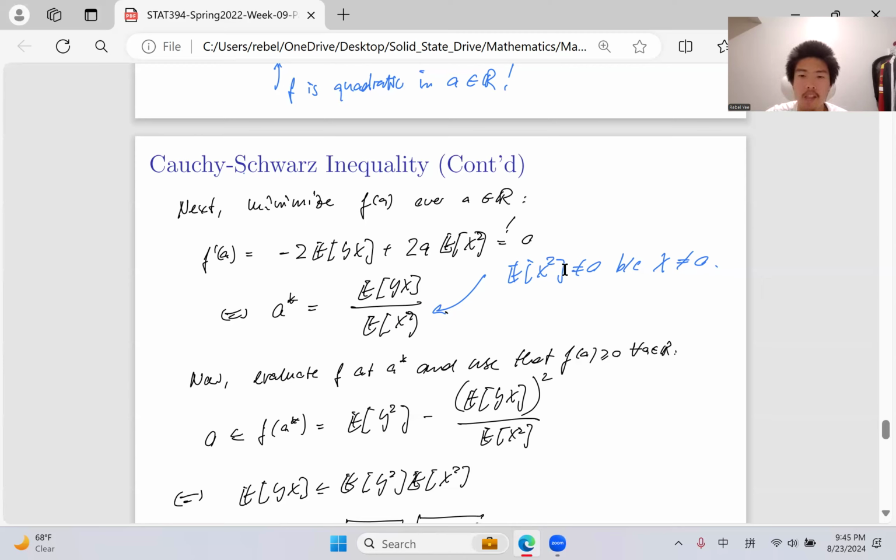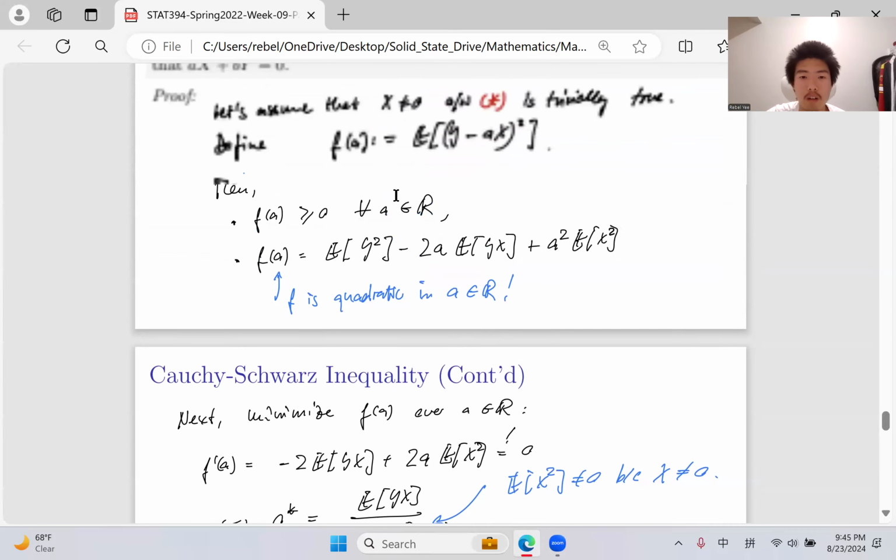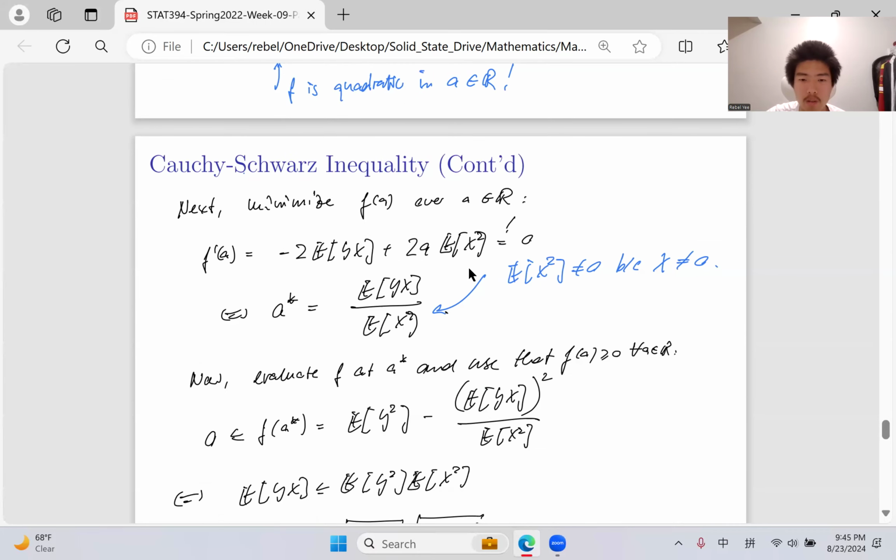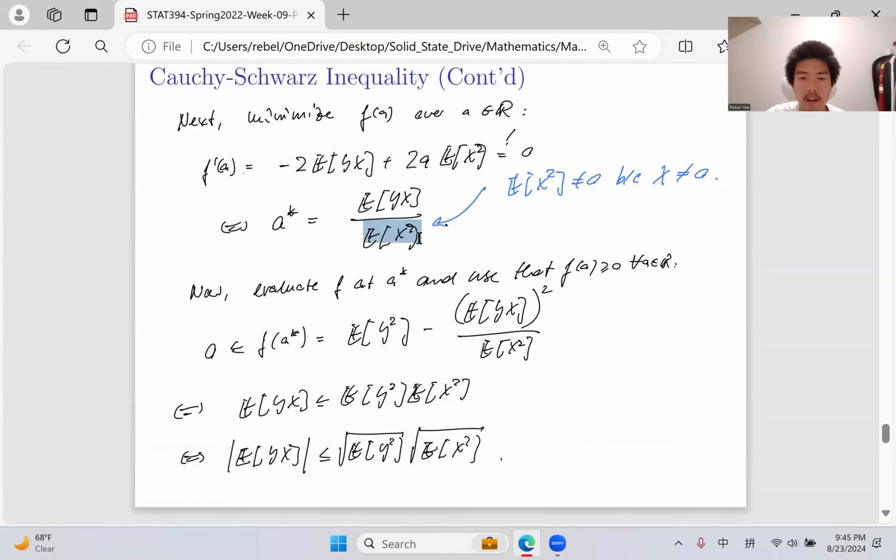And just because x is not equal to 0, as we assume here, or y is not 0, this denominator term is not equal to 0. So it's a well-defined term for A star. Okay, so A star is the minimal point we find here.